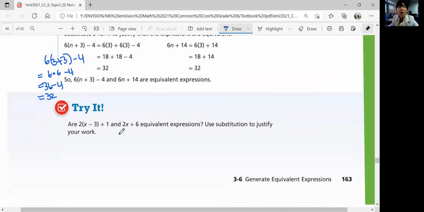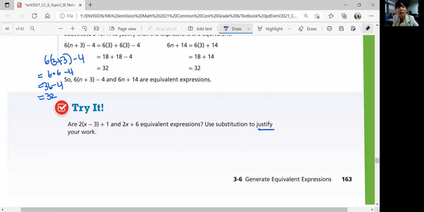Okay? So let's look at this try question. Are 2 times x minus 3 plus 1 and 2x plus 6 equivalent expressions? Use substitution to justify your work. Okay, first you can solve it out using distributive property to see if they're equivalent or not.